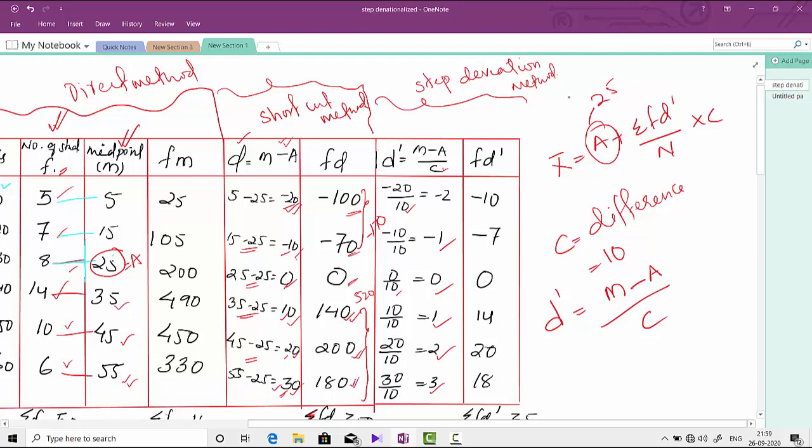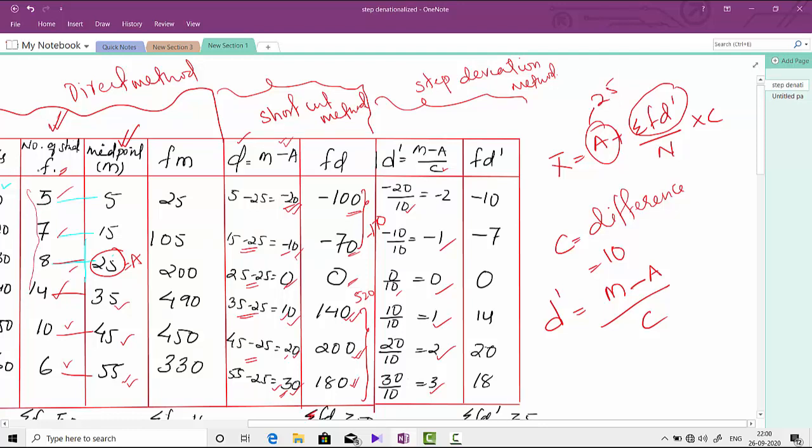Again, to find sigma fd', you have to find the value of f and d'. So fd' means frequency into d'. Don't get confused here.